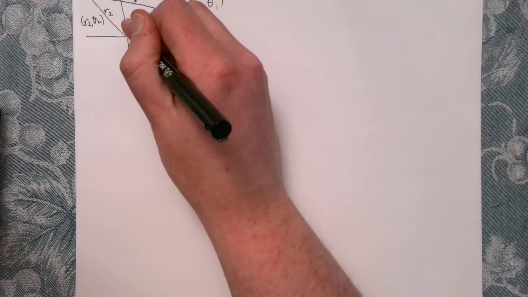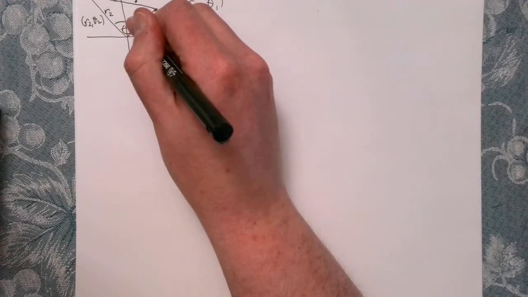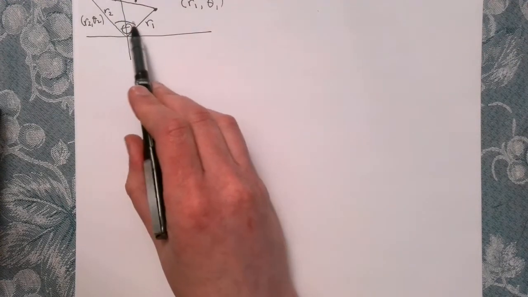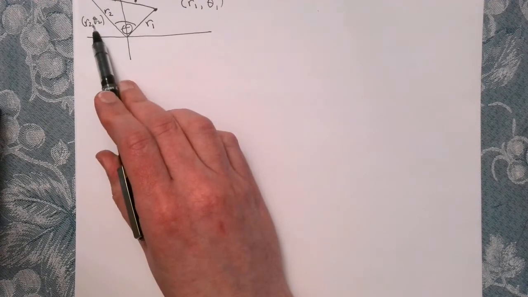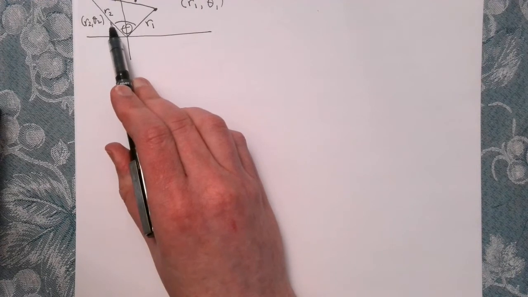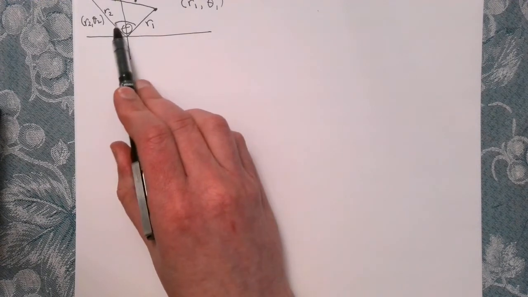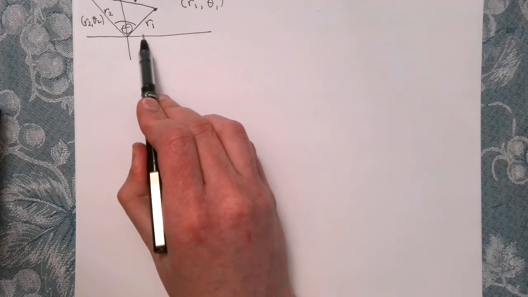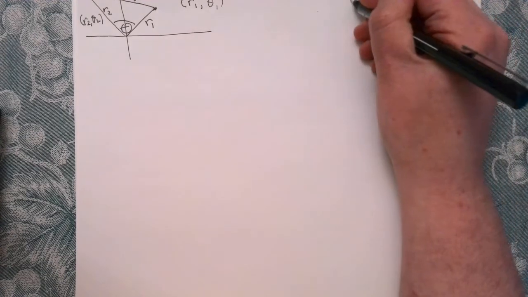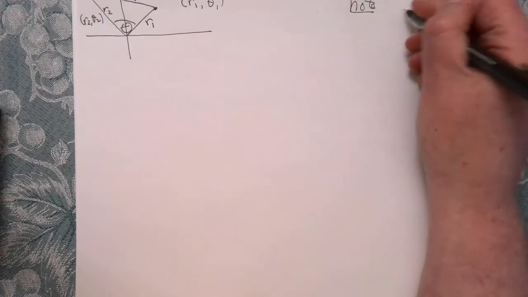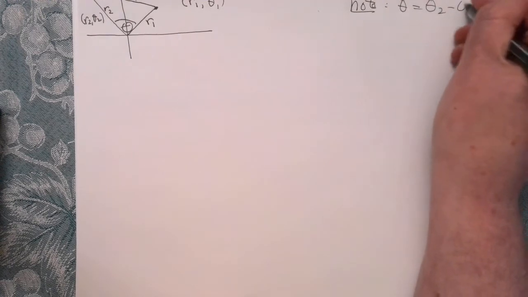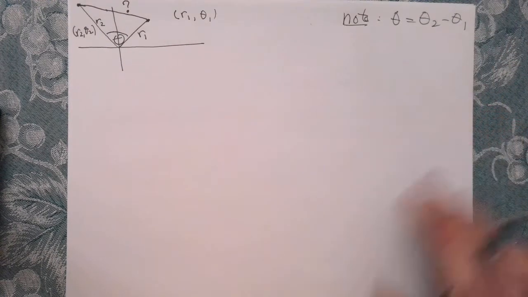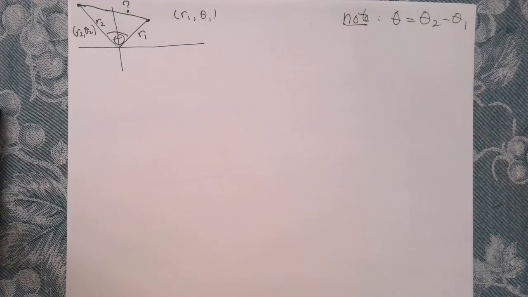Well, if this is theta, we could think about it as this whole angle here. This whole angle is theta 2, right? If that's the angle corresponding to this. So this is theta 2 minus theta 1. Let's note that. So theta is actually theta 2 minus theta 1.